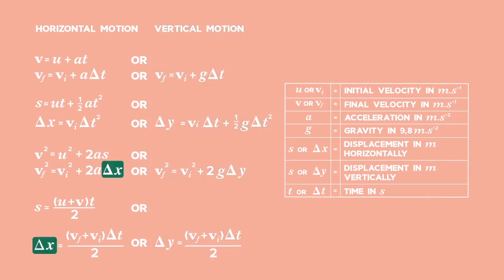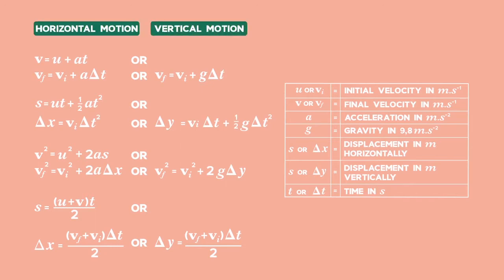Note that x is used for the change in horizontal position and y is used for the change in vertical position. These equations can only be used for motion in a straight line, which is also called rectilinear motion, so we deal with horizontal and vertical motion separately.